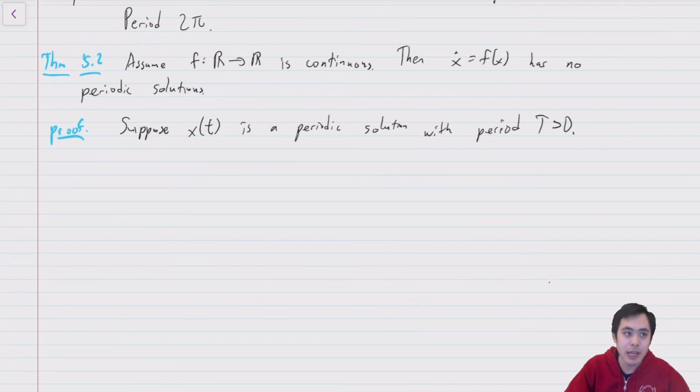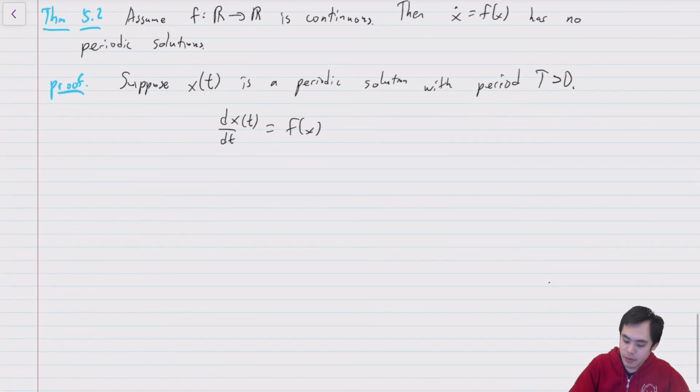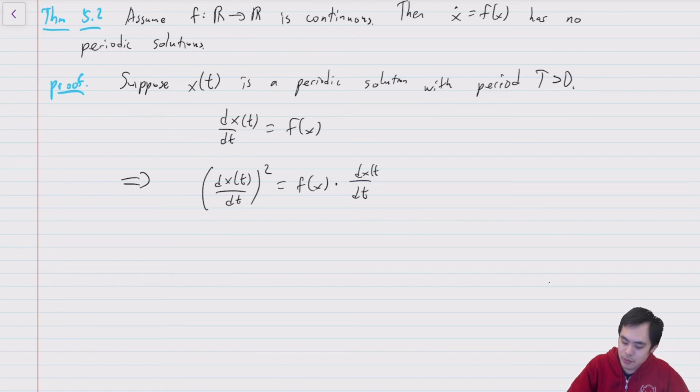Okay, so we're assuming we have some solution, and of course we know that dx/dt is equal to f of x. That's by assumption. And what we can do is we're going to multiply by dx/dt on both sides. Now this might seem a little bit weird, but what we end up with is (dx/dt) squared is equal to f of x times dx/dt.